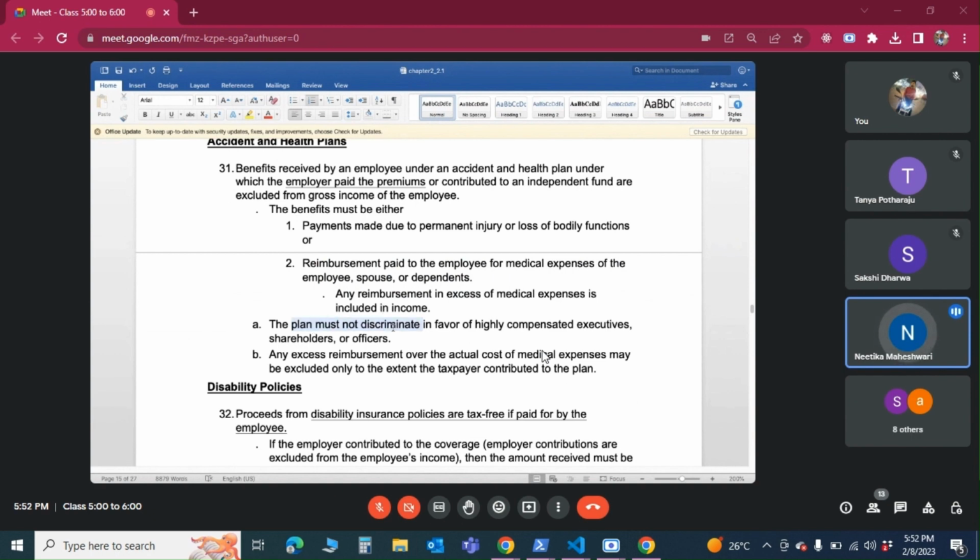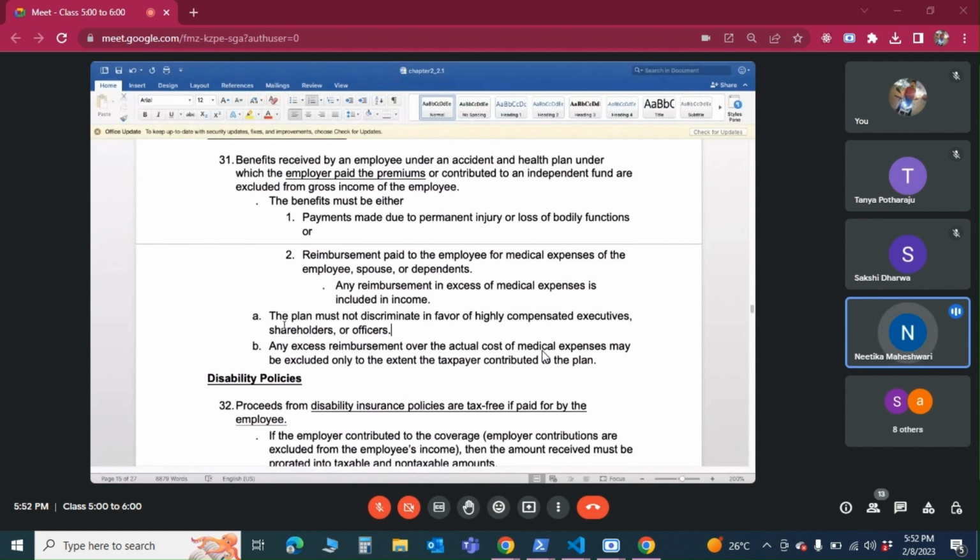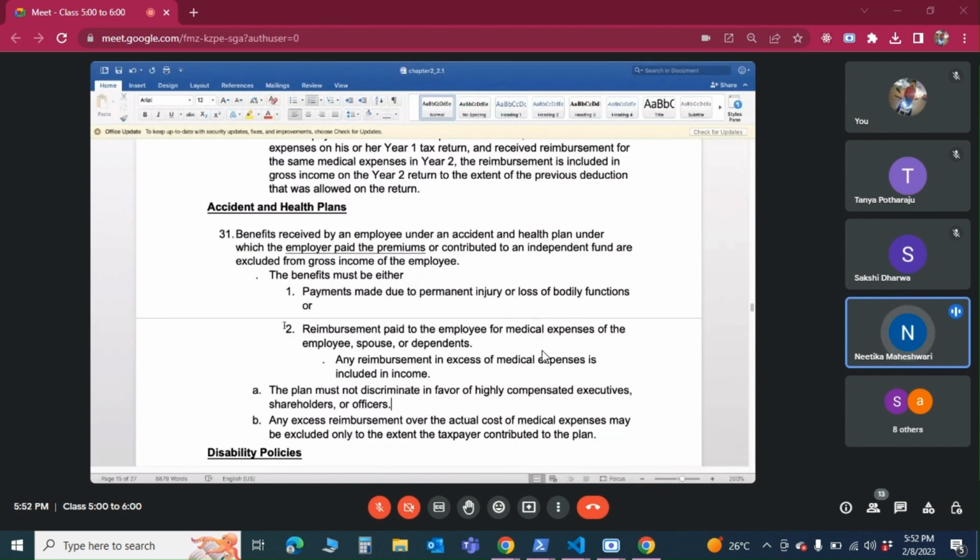There should not be a discrimination. Anytime they're writing a plan, whatever plan it is, a retirement plan, a health benefit plan, or the employee awards and reimbursement policy, it should be the same for everybody.